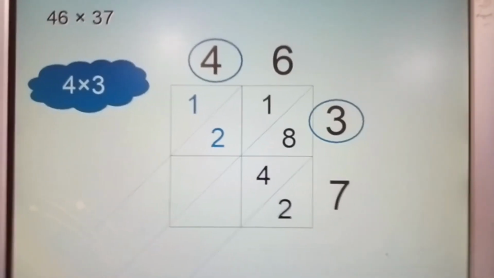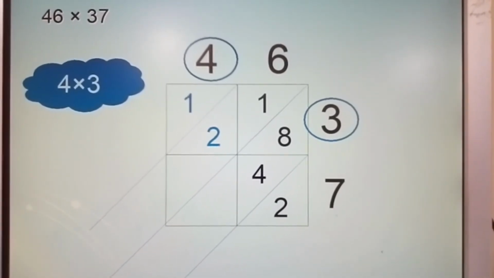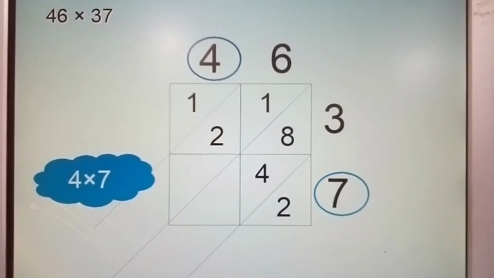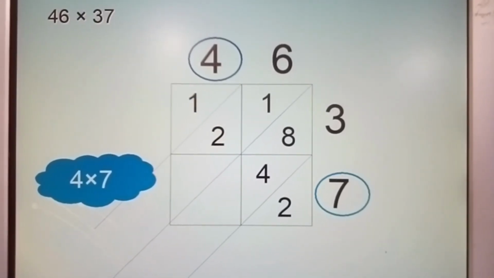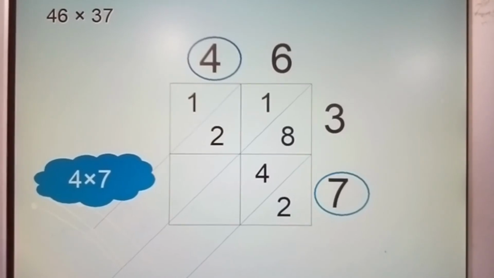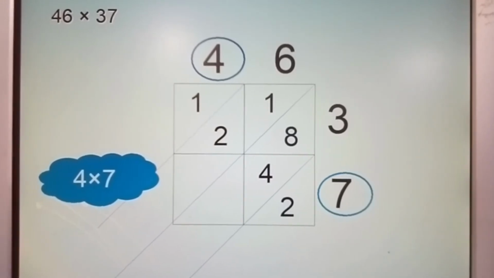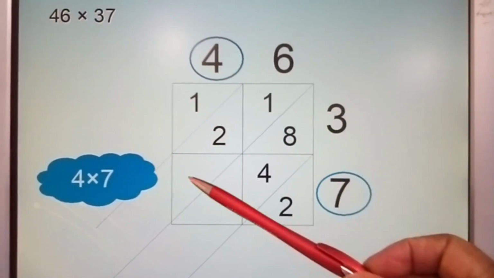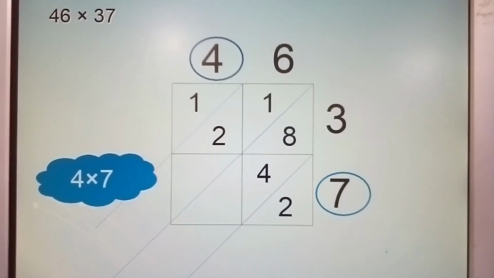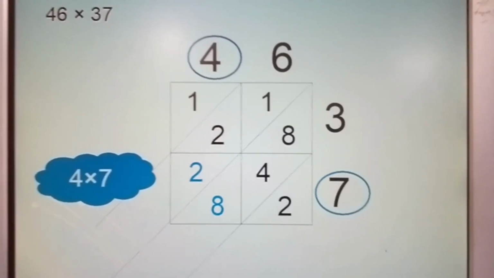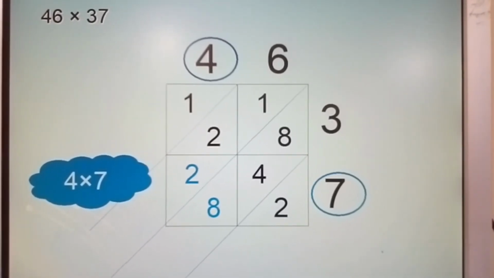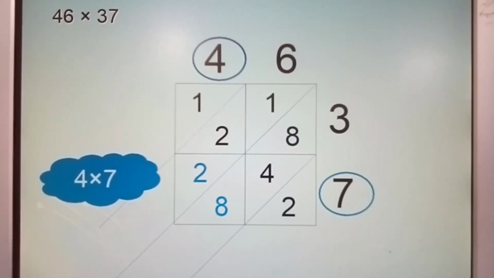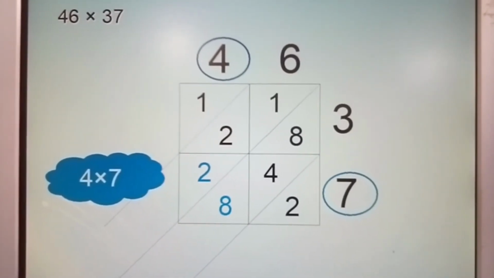Okay, it's there, use it. We just brought it down here to show you that we're multiplying that times that to fill in our last lattice. And 4 sevens equals 28.